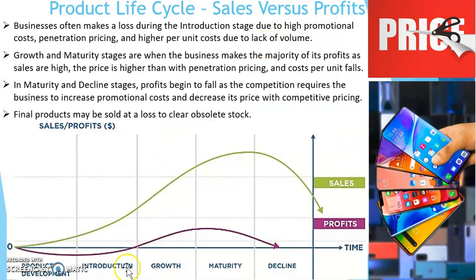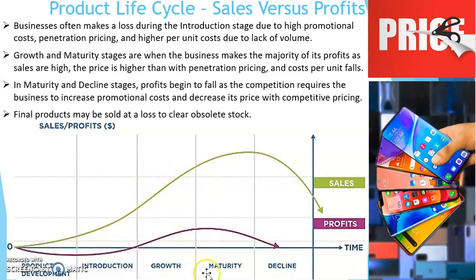Now, as the business moves into the growth and maturity phases, this is when they're making the majority of their profits. It's because the sales are high and the business is likely to be able to increase their price. They've already penetrated the market and they've got that trust, that faith in the product performance, so they can start raising that price.